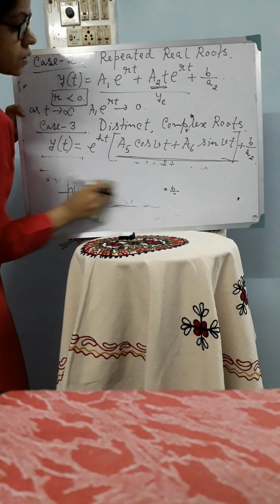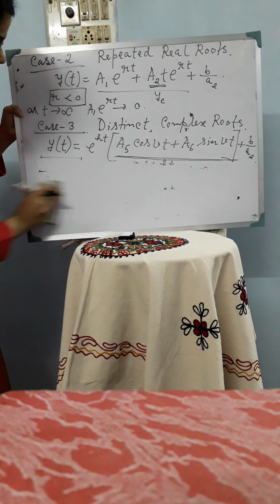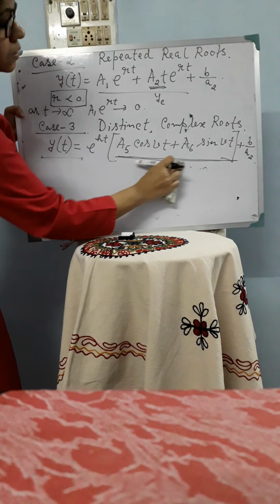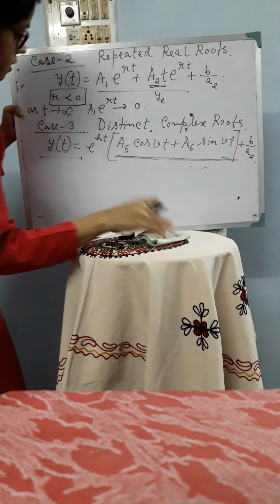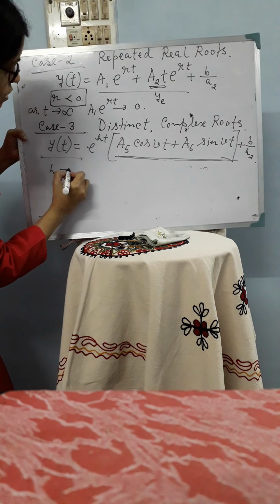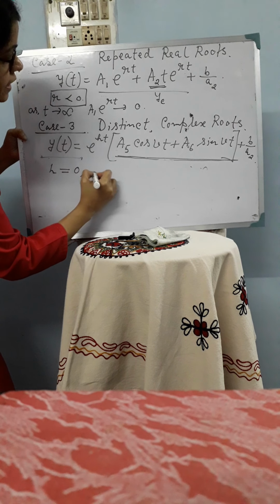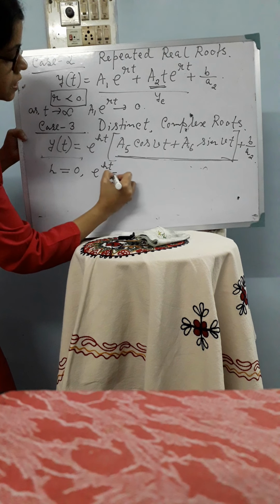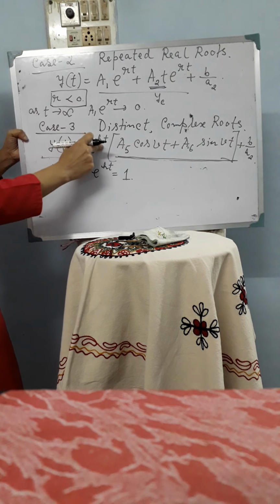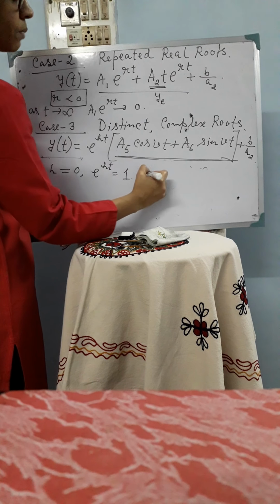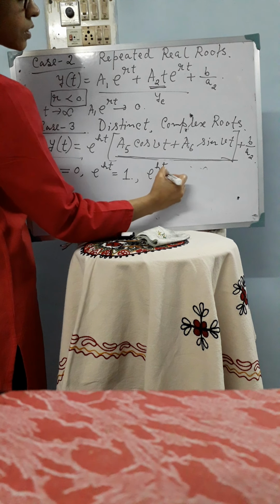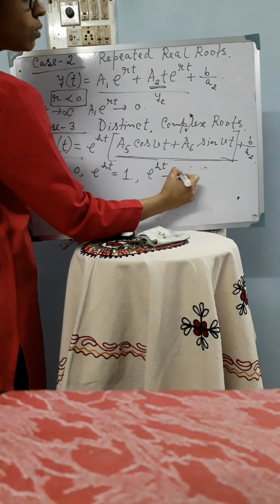Now when h is equal to 0, how does the time path look? When h is equal to 0, then e to the power ht is equal to 1. So as t tends to infinity, this e to the power ht remains at the value 1.